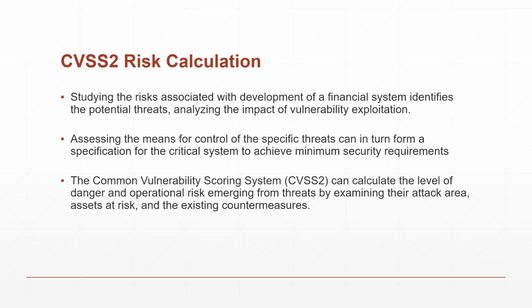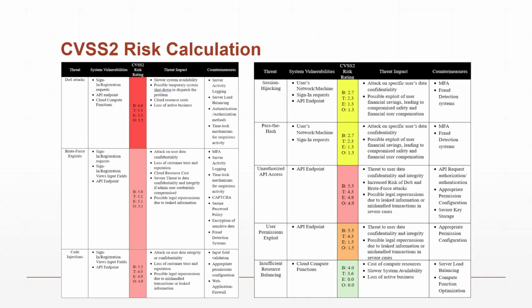And in turn, this forms a specification for the critical system to follow in order to achieve the minimum security requirements. So here is the vulnerability scoring calculations for the previously identified threats.